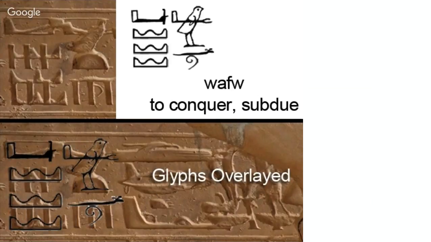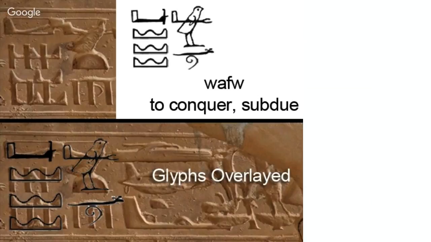During Ramses' second time, he had it carved over, and it spells the word Wafu. And you see the quail chick with the arm going through it, the other arm with a stick, and you see a set of 3 hills. And these hills represent the word chasut, which means foreign lands.